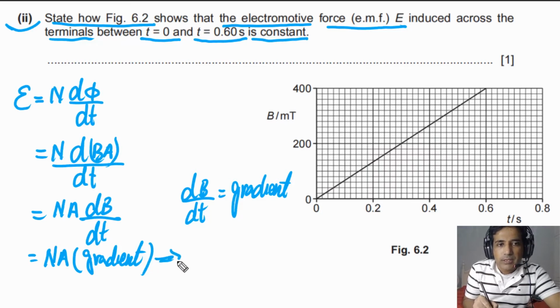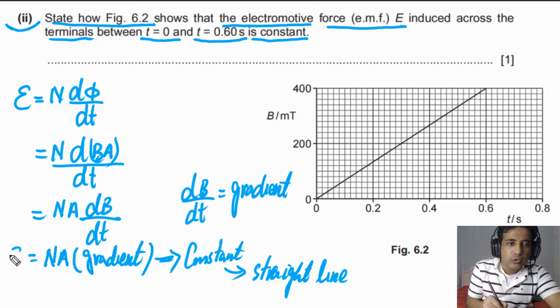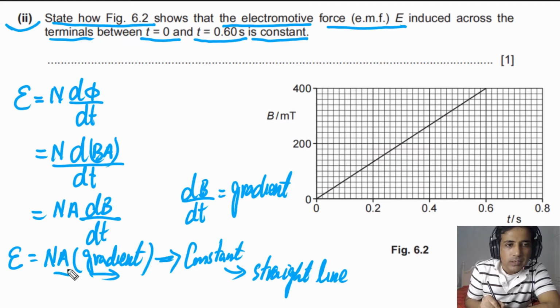As the gradient is constant, it also means that induced EMF is constant. If gradient is constant, A is constant, and N is constant, then induced EMF is also constant.